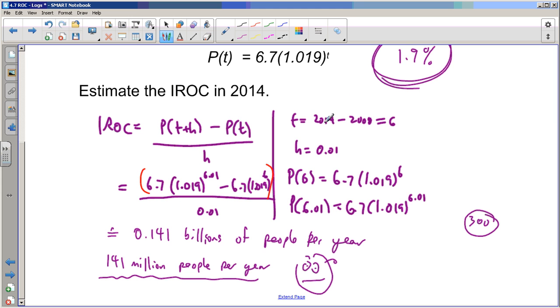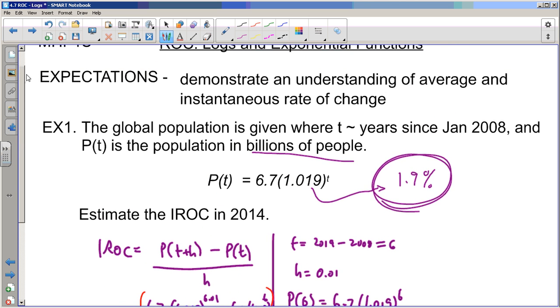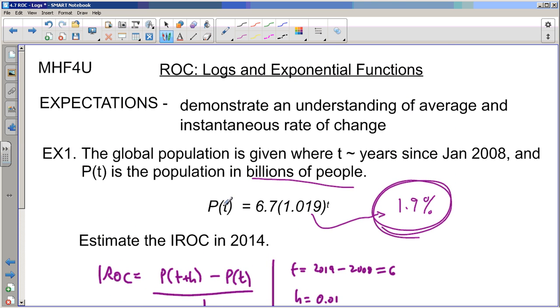Okay, and in fact we can do that, but this IROC calculation sort of takes care of that. So don't get confused between the function value going up and the percent that it's telling you, right? That's an increase of 1.9%. All right, the next and last example of the chapter is coming up in part 2.